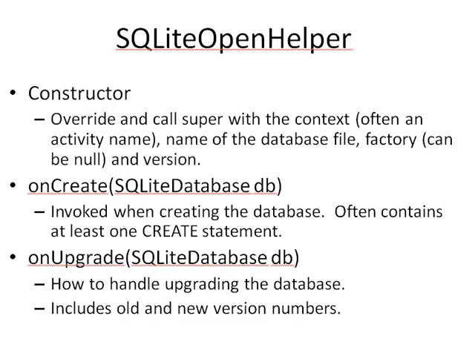In other words, right now we're making a plant and specimen DAO, okay? If later on we add, say, a site DAO or some other kind of DAO and we want to add another table, onCreate won't get invoked. It only gets invoked literally the very first time you try to access the database.